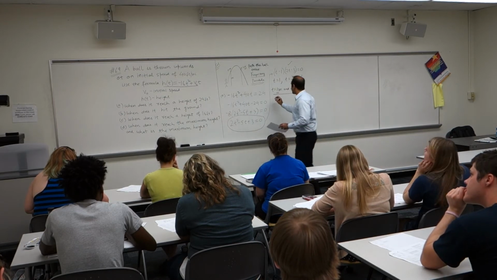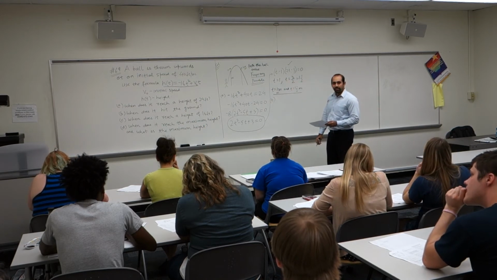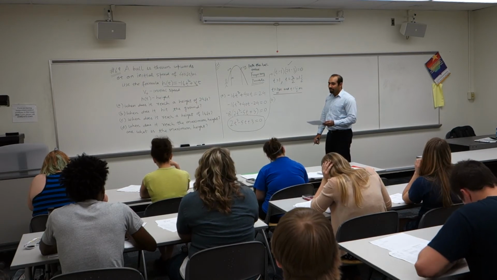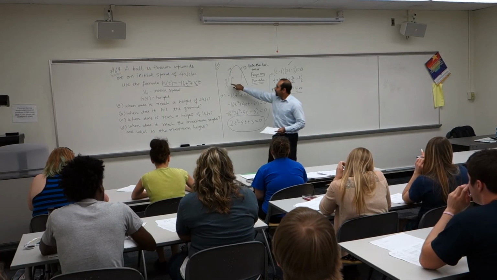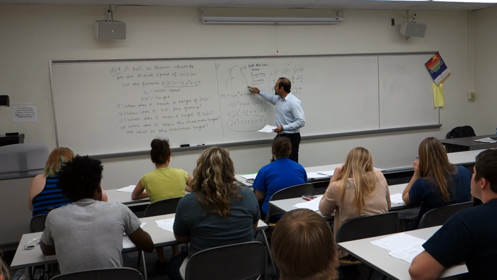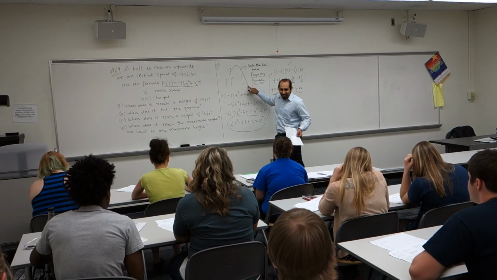What about part B then? It says, when does it hit the ground? What does that mean? When height equals 0. So you throw a ball up from here, it travels all this path, and then it comes down to the ground. When it comes to the ground, there's no height, the height is 0.